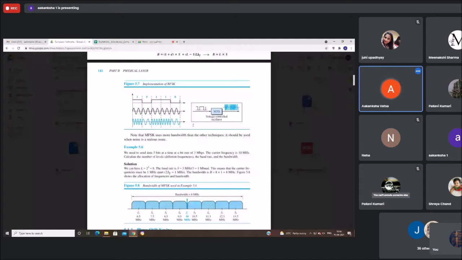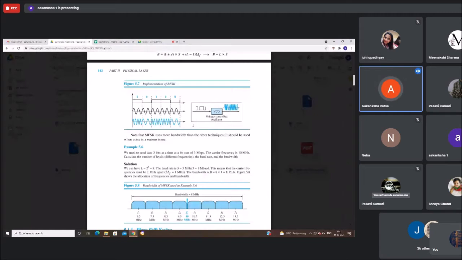Now, another example for FSK. Now, suppose as shown in multi-level FSK, we have to compute the bandwidth. So you can see figure 5.8, there are 8 frequencies, F1, F2, F3, F4, F5, F6, F7 and F8. तो हमारा पूरा जो स्पेक्ट्रम है वो हमने बताया कि 8 मेगाहर्ट्ज का स्पेक्ट्रम है, और L हमारा, because we have to send 3 bits per frequency signal, so L is equal to 2 raised to power 3, that is equal to 8.